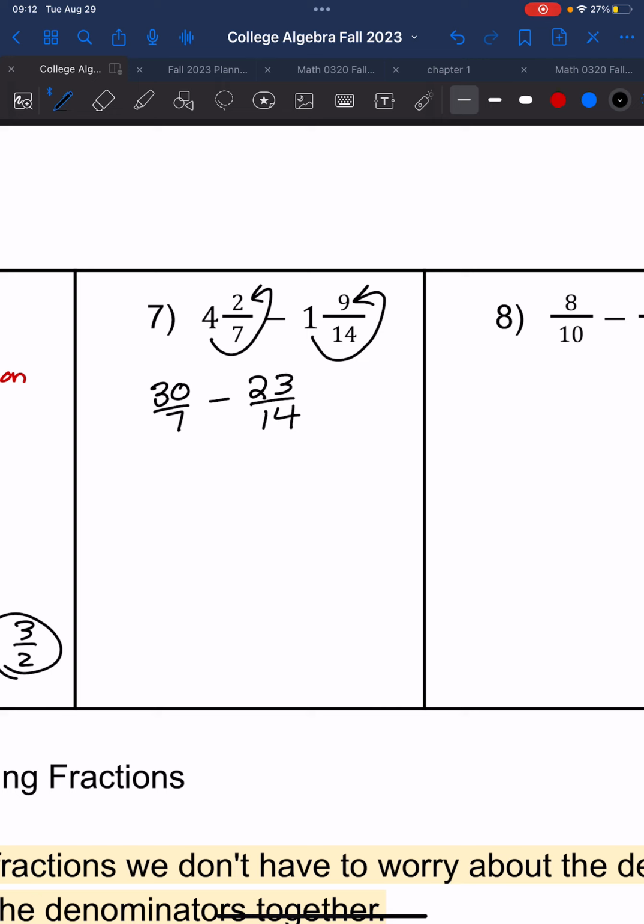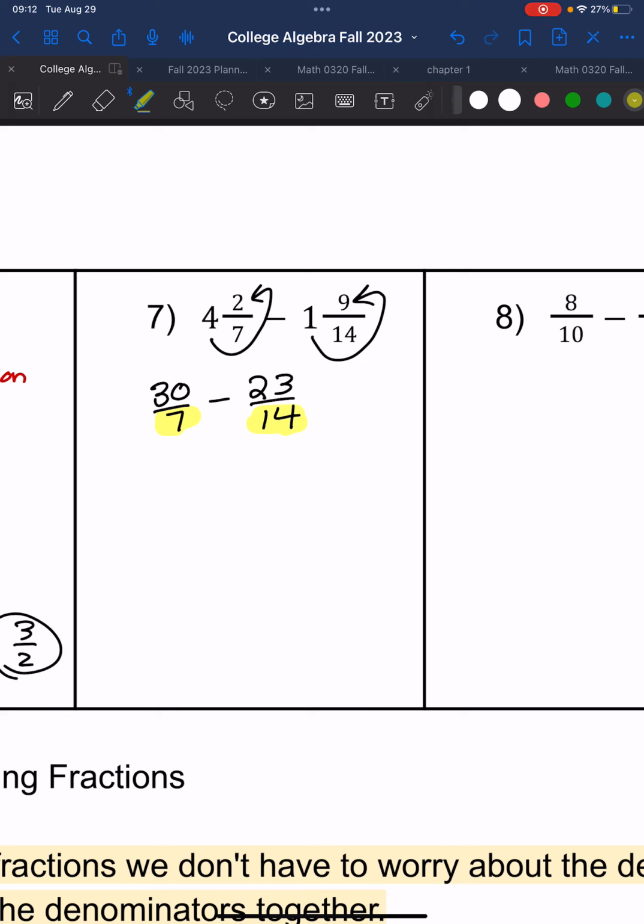Now looking at these improper fractions, we notice that our denominators are different. We have a 7 and we have a 14. We could choose to multiply those together to get a common denominator, or we can notice that 7 and 14 are multiples of each other.